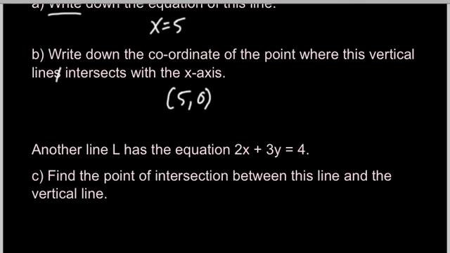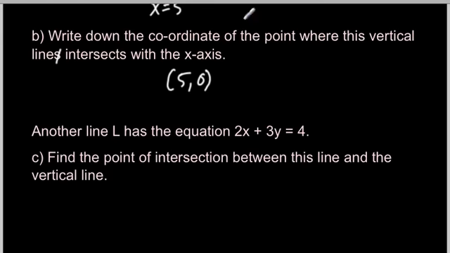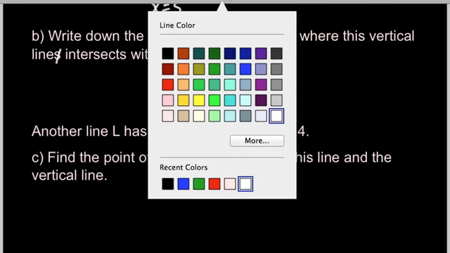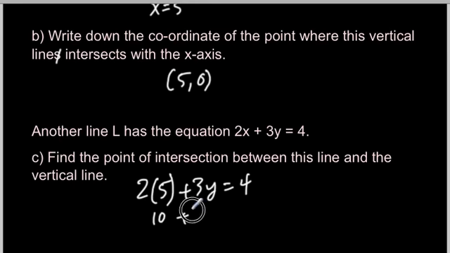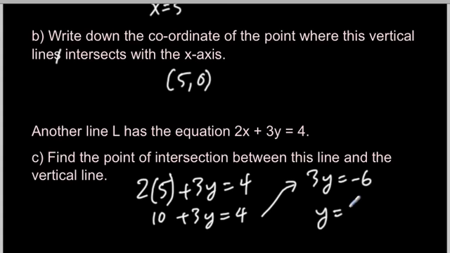All we have to do is plug x equals 5 into this equation and solve for y. So 2 times 5, plus 3y is equal to 4. This is 10 plus 3y equals 4. Subtracting 10 from both sides, 3y is equal to negative 6, and therefore y is equal to negative 6 divided by 3, which is negative 2.